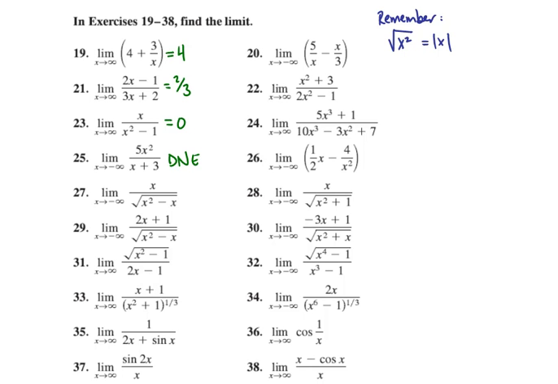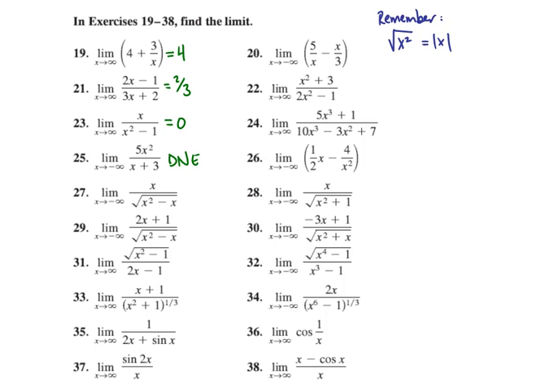If x started out negative, we couldn't say that the square root of x squared is equal to x, because that number would be positive and x started out as negative. So we always have to say that the square root of x squared is equal to the absolute value of x.